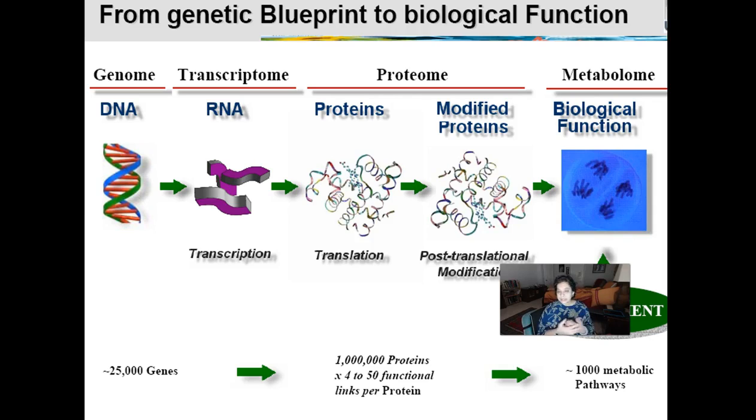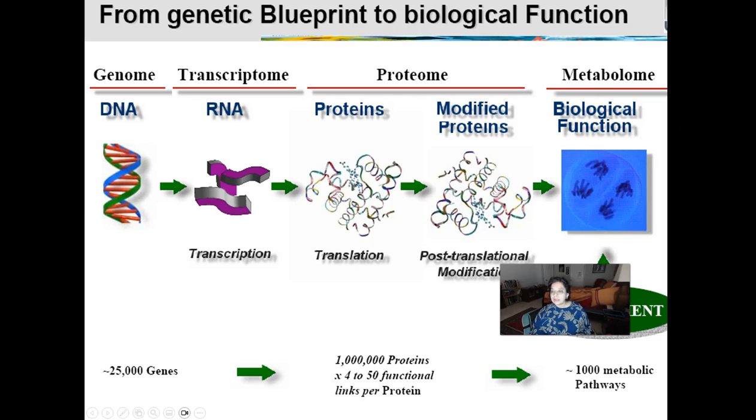A lot of different things can happen to your proteins, just like different things can happen to DNA, in order to activate or inactivate them. So we could look at these, what we call post-translational modifications, and see if they are altered by the variable that we are examining, by our independent variable.